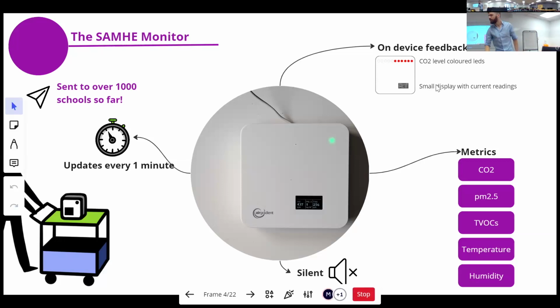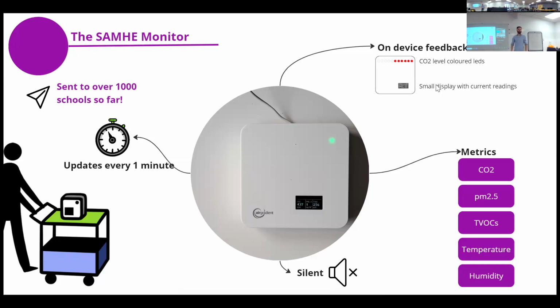On the device, it updates every minute, so it was quite a significant amount of data. That was a technical challenge tackled by Imperial, actually. On the device, we had a small display and feedback from RGB LEDs.